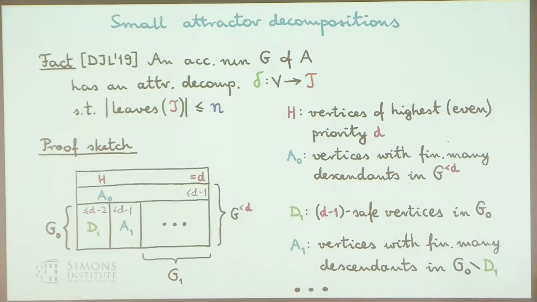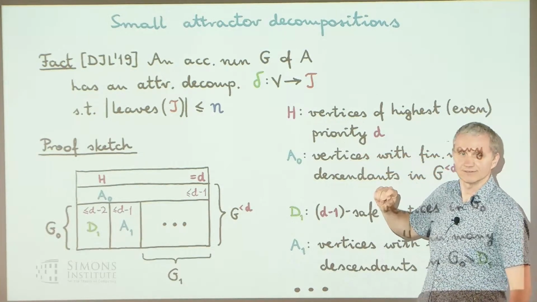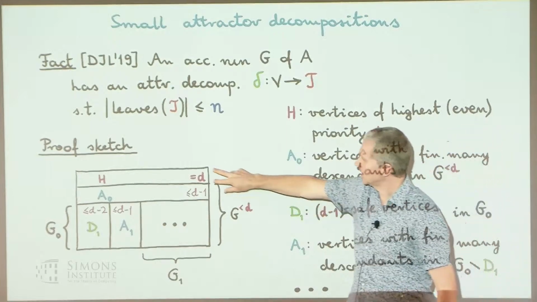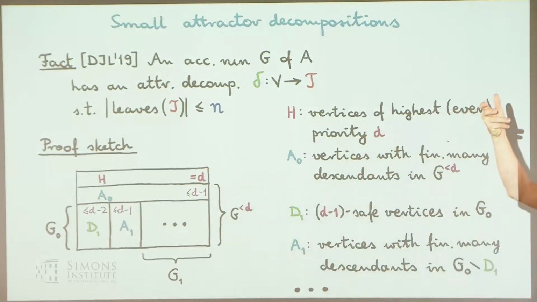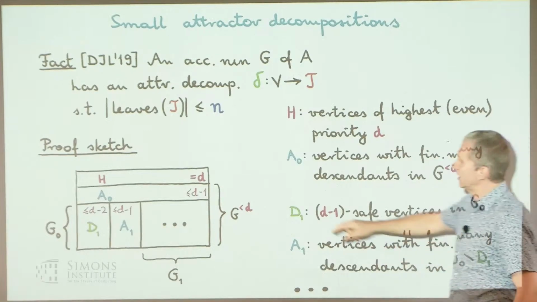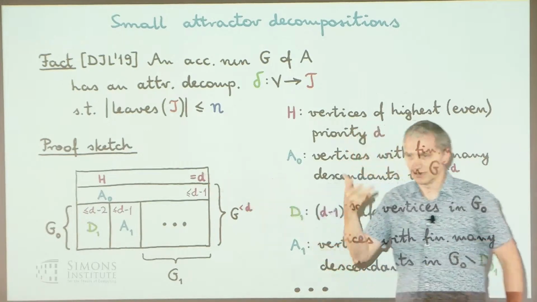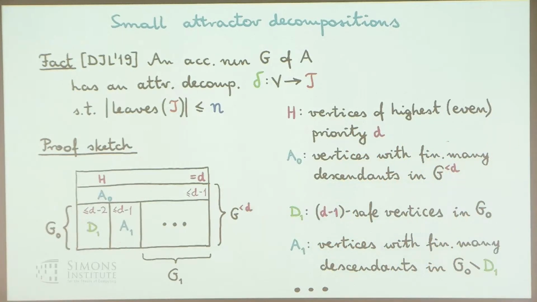How do I construct such a decomposition? So I have this run DAG. Let me take the highest priority d, even. Let me take this set H to be that set of vertices of highest even priority.